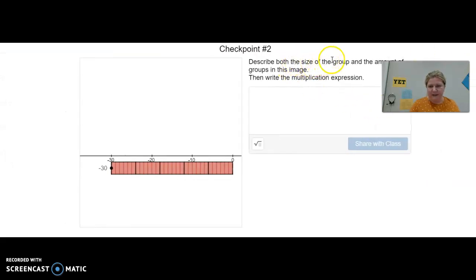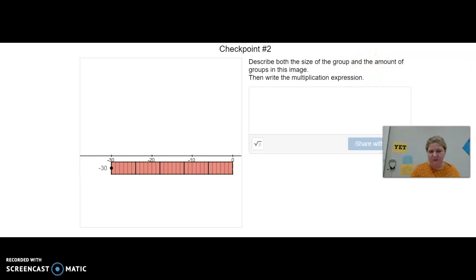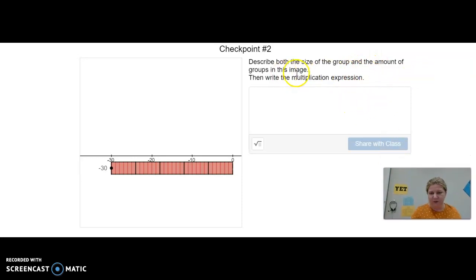Describe both the size of the group and the amount of groups in this image. So there's 1, 2, 3, 4, 5 groups, and in each group there are 1, 2, 3, 4, 5, 6 left movements.